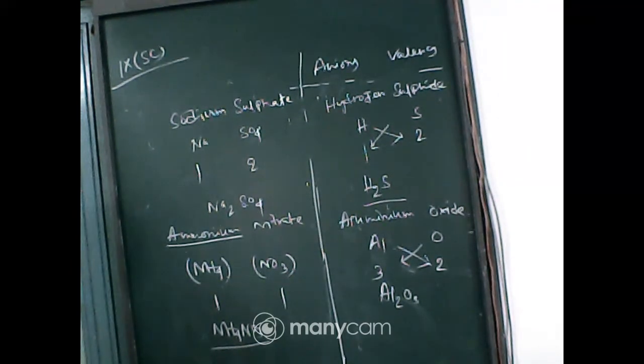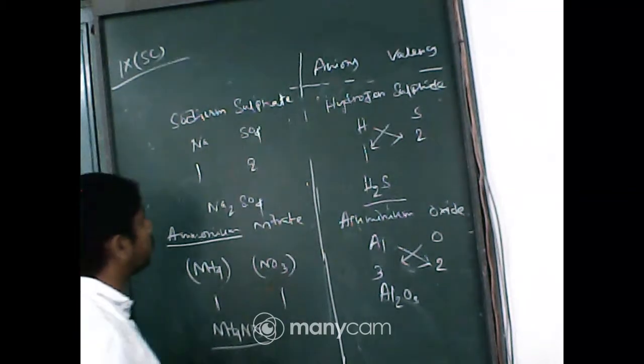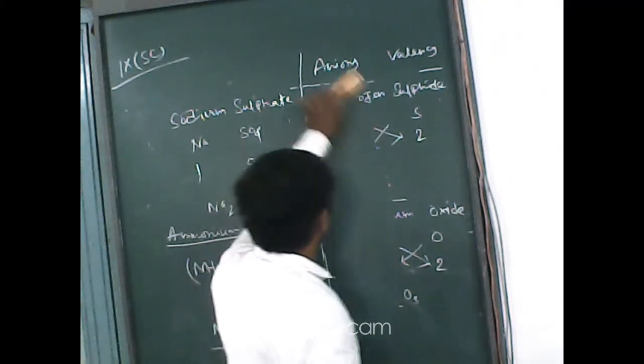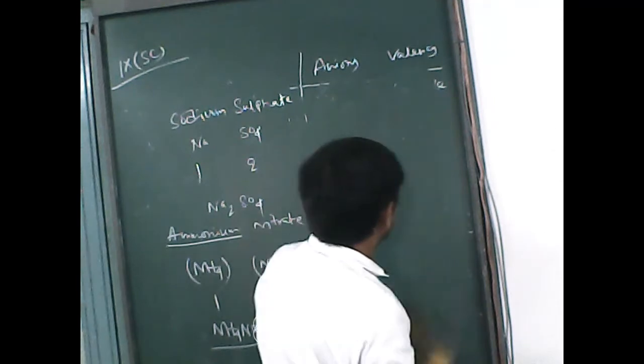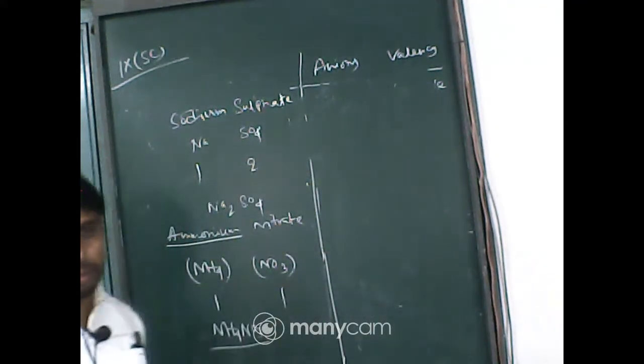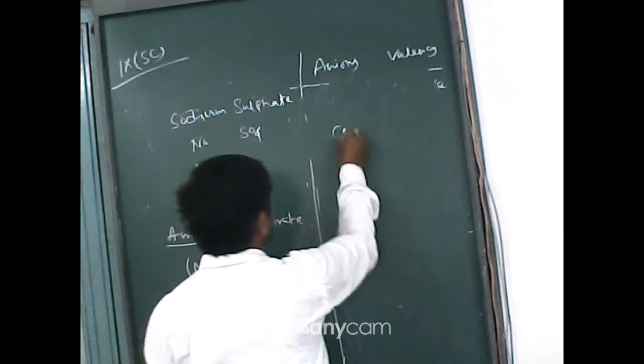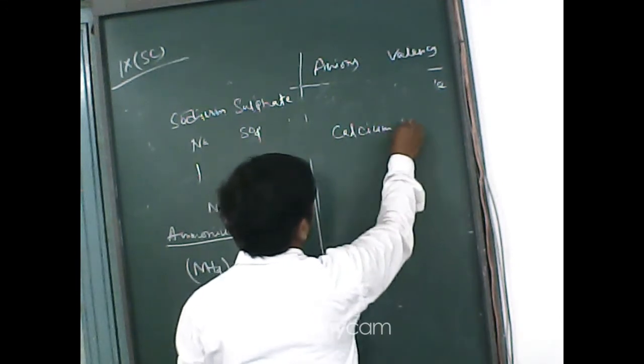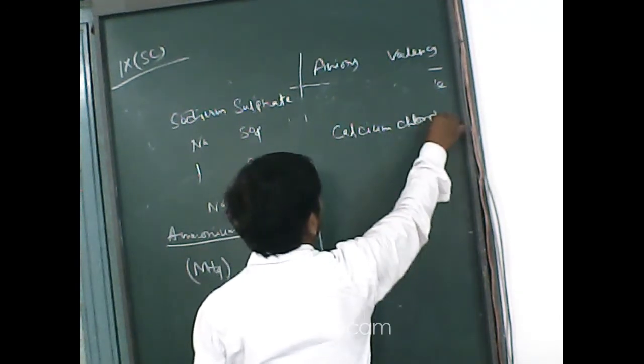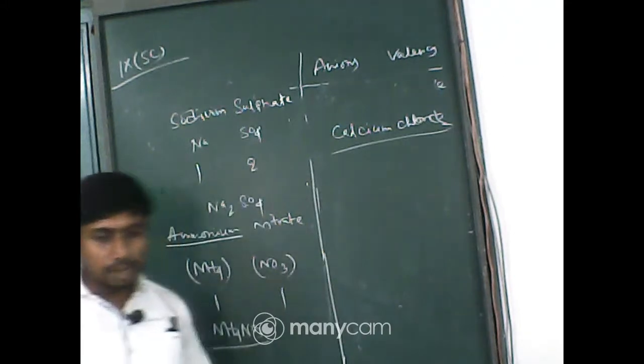Okay, we have to practice some simple ones, then we will move to the difficult ones. So, can you tell me what is the formula of calcium chloride? Calcium chloride, do it.